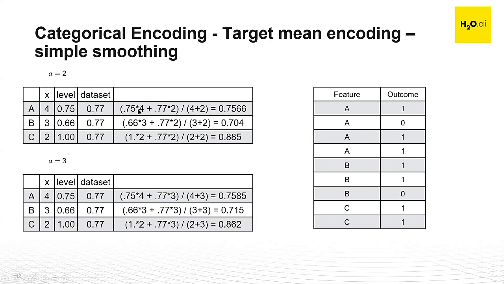So basically, I'm giving the weight of 4 because I have 4 counts for the A feature and the 0.75, but I'm also giving 2 counts to the overall mean of the dataset, which is 0.77. So I get a value which is not 0.77. It also leans a bit towards the average of the dataset.